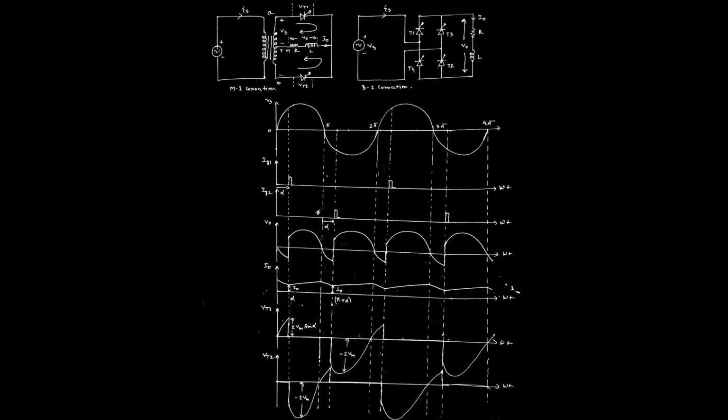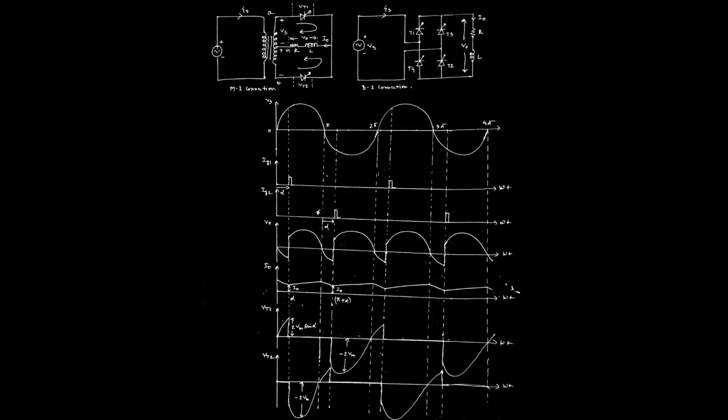So similarly, just like the M2 connection, in both the positive half cycle and the negative half cycle, the current direction remains the same. When T1 and T2 conducted, the current direction across the load was from upward to downward. Similarly, for the negative half cycle, when T3 and T4 start conducting, the current flows from up to downward across the load.